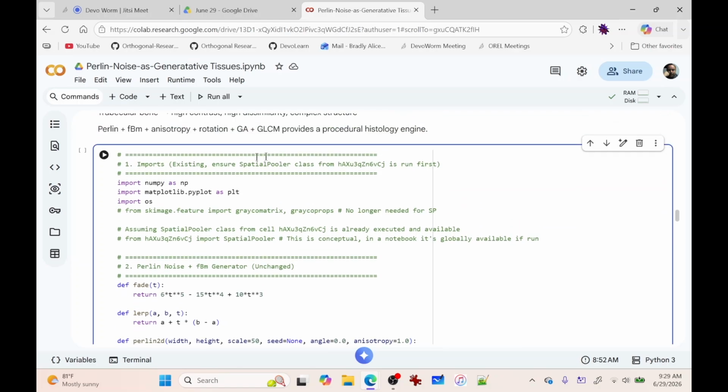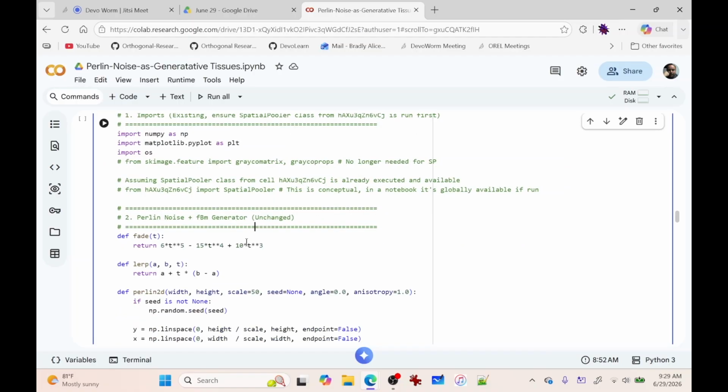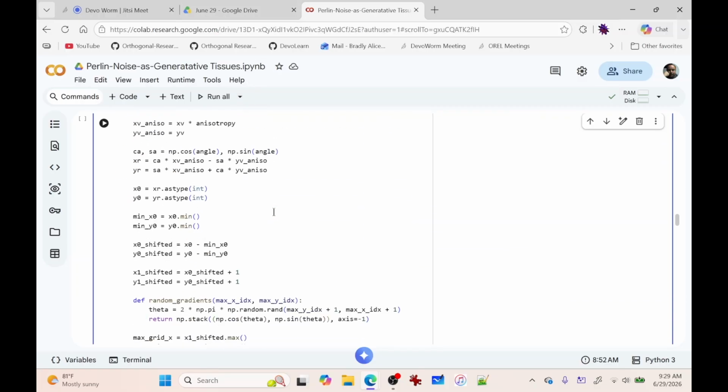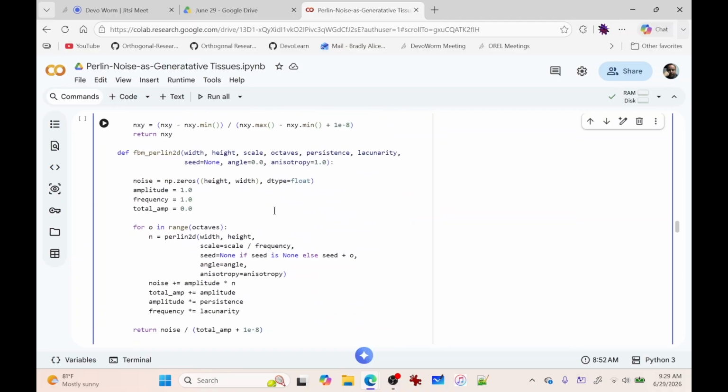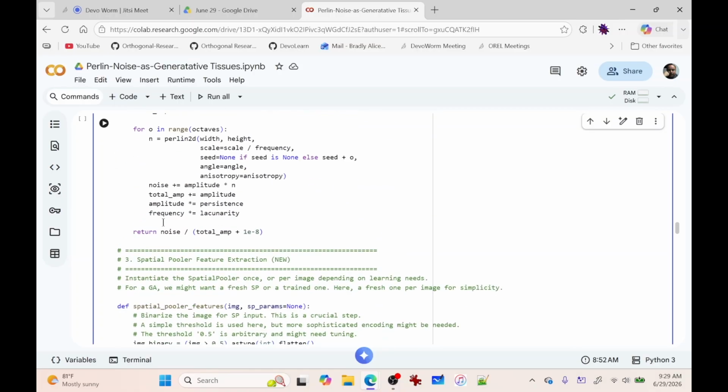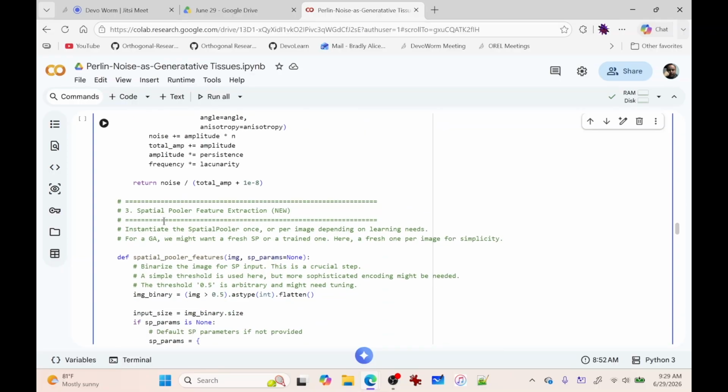So we're importing this spatial pooler class. Then we are importing Perlin Noise plus this FBM generator we saw up above. Then we're running this, and we have this FBM Perlin 2D function, and then we're returning that.